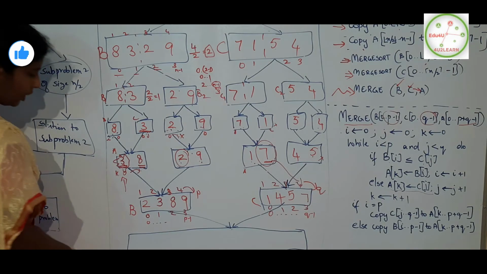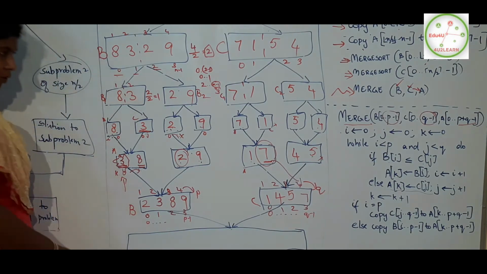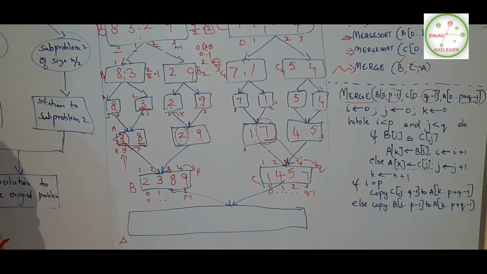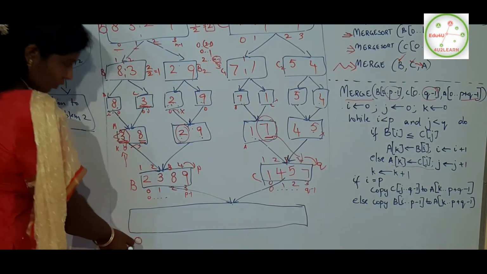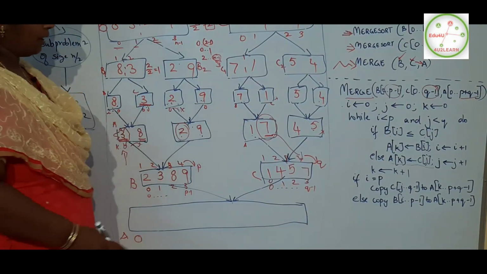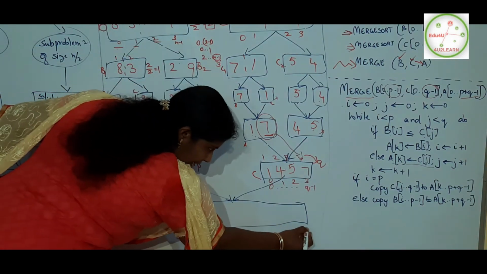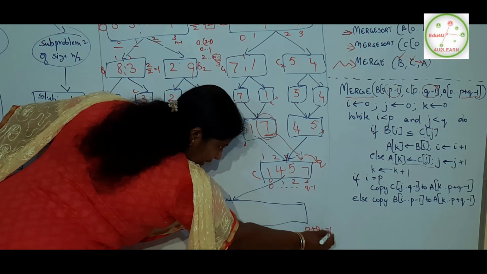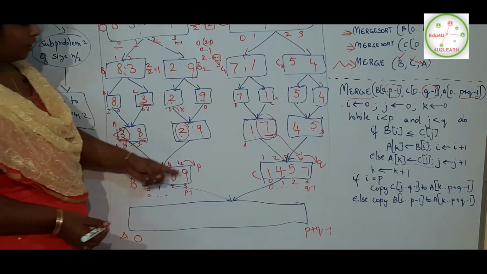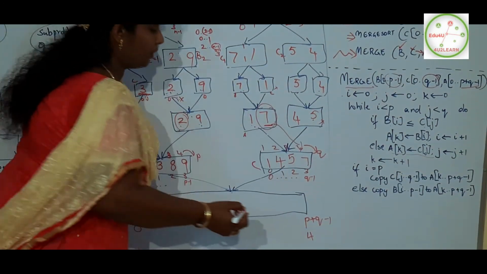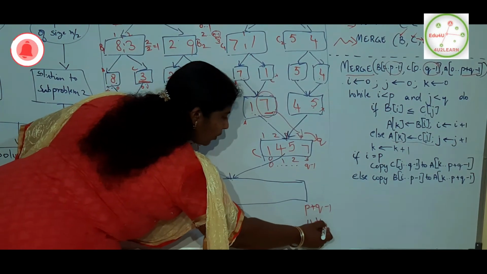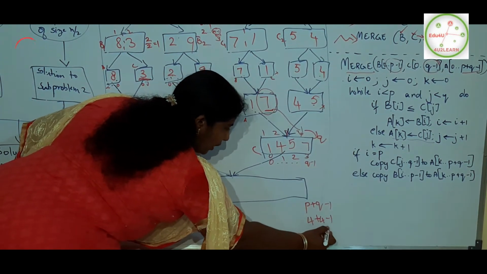Now we have to know how much space has to be put. We don't know how much we need, so we use the formula P plus Q minus 1. So what is P here? 4. What is Q here? 4. So 4 plus 4 minus 1, 8 minus 1.